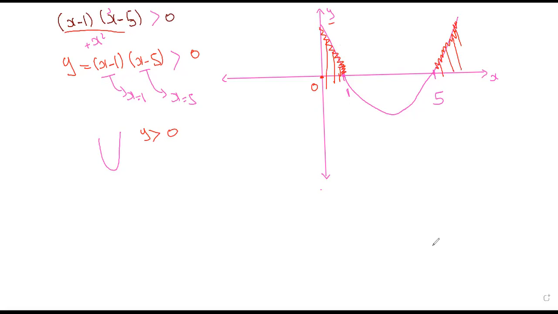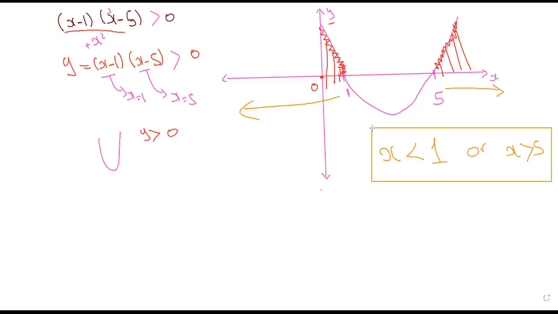So what do we know? We see that for all the values of x less than 1 and for all the values of x greater than 5, our inequality is being satisfied. So for x less than 1 or for x greater than 5, our inequality is satisfied. So this would be the answer.